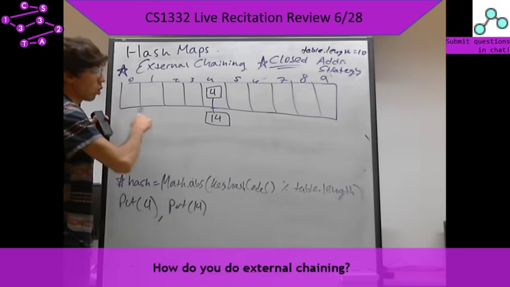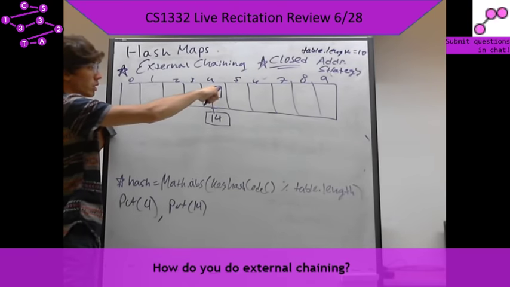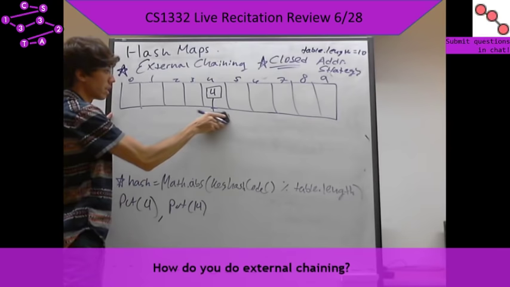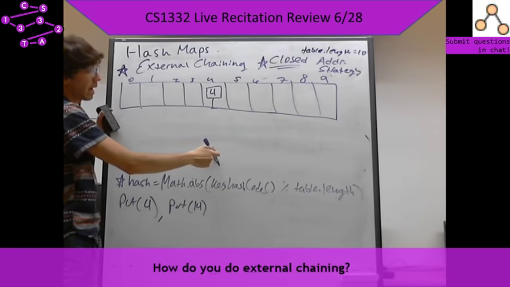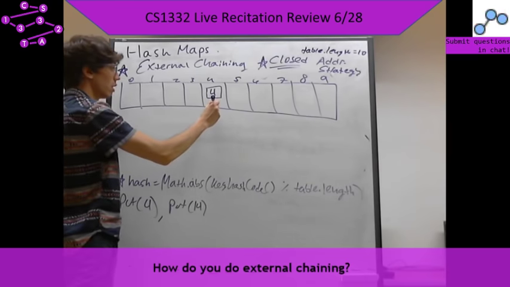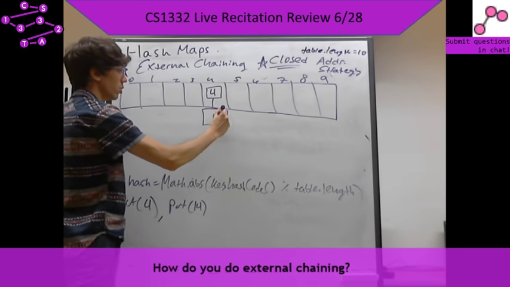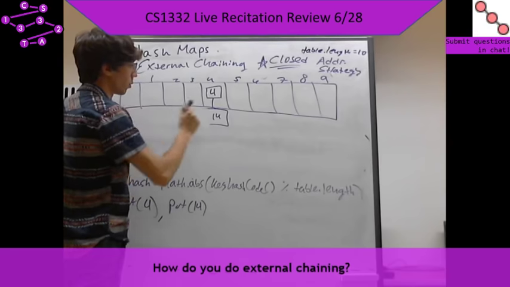So when we go to 4, what we'll have to do is check through this linked list. So 14 is not in here yet. We'll check through this linked list, go through it and see, hey, is this already in here? If not, we're going to add our new node with 14.